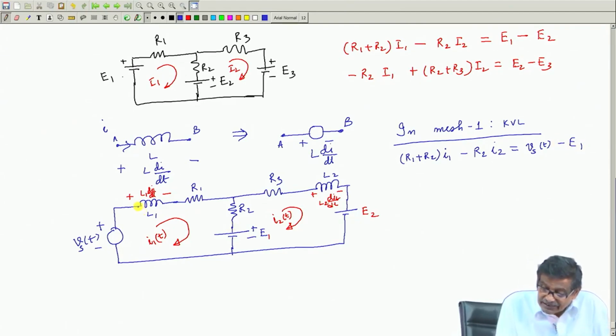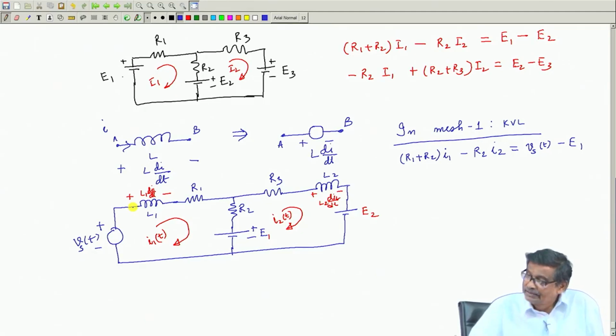And then there is another source here, because it is L1 di/dt, treat the inductor voltage drop as a source, and the polarity of this source is such that I write minus L1 di1/dt. So, by inspection I am writing this now, that you must understand. This will be the mesh equation here.